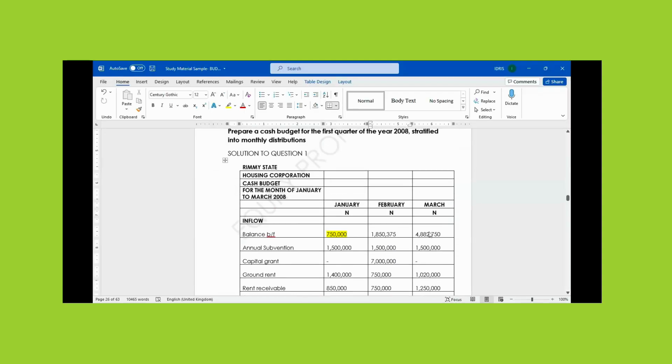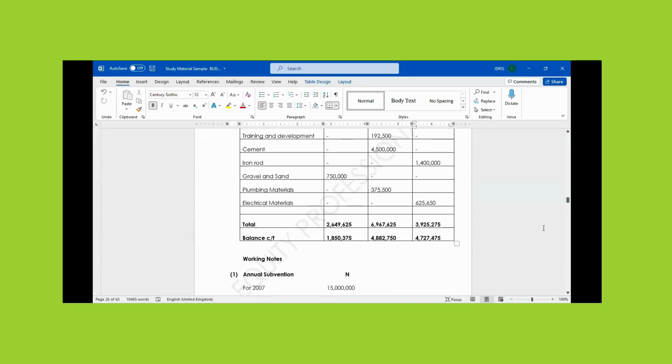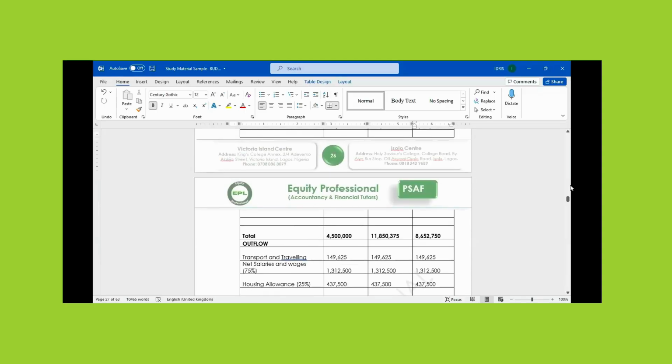It will be the balance brought forward in March under the inflow of March. So we total the inflow for March. What is the total inflow for March? 8,652,750.